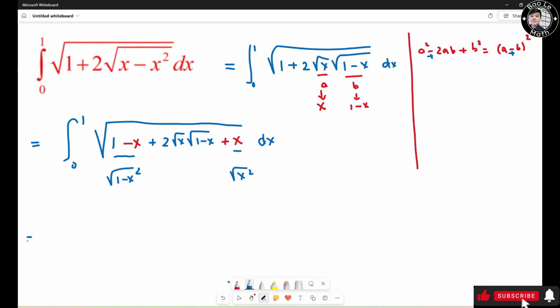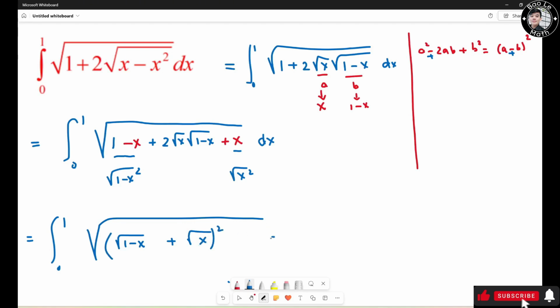So this turns out to be the integral from 0 to 1 of square root of 1 minus s plus square root of s all together squared ds, right? Now, this is the same thing as the integral from 0 to 1.